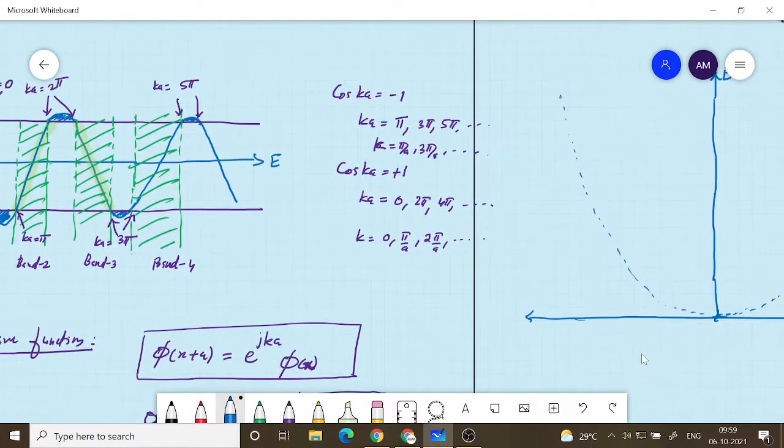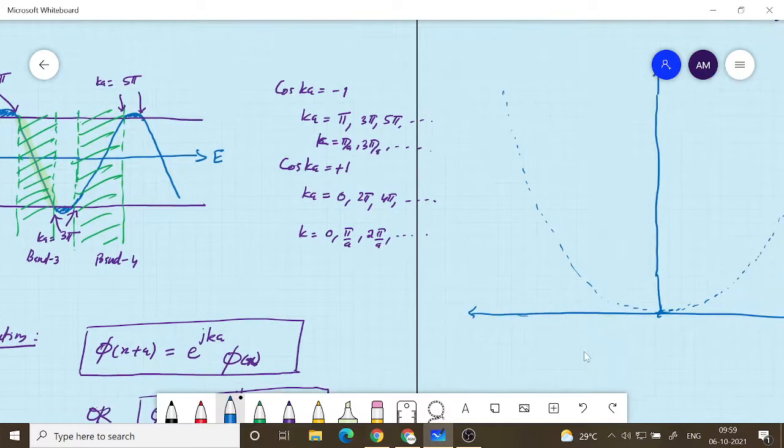So let's say that higher energy is somewhere here. This is the point from which you are going to have solutions, and then for a particular band, say from here to here, you are going to have solution.